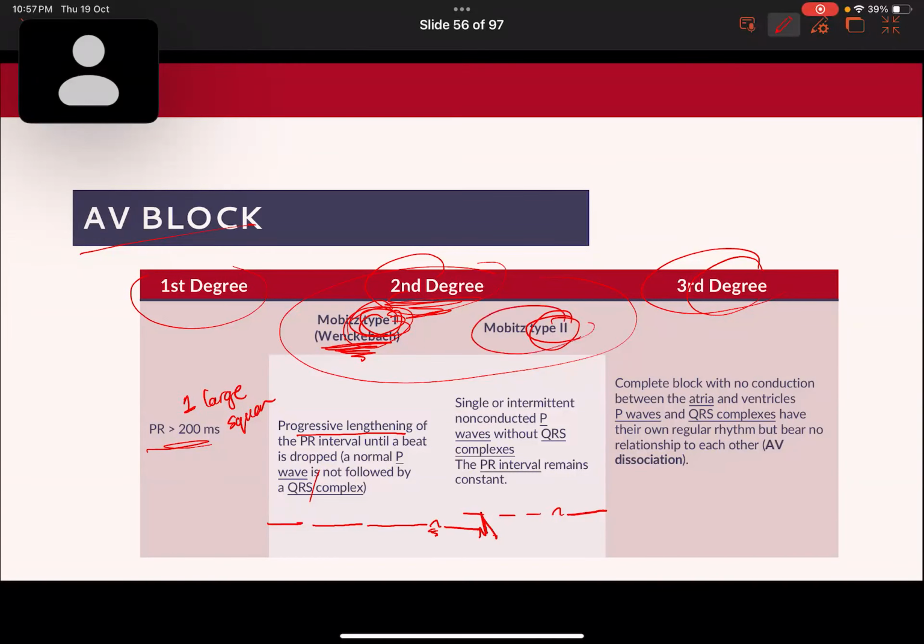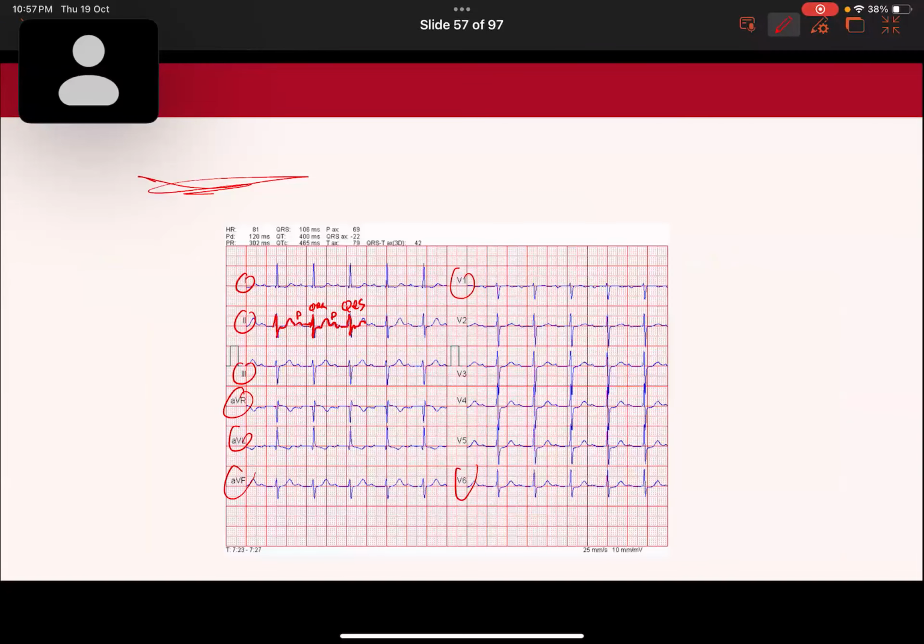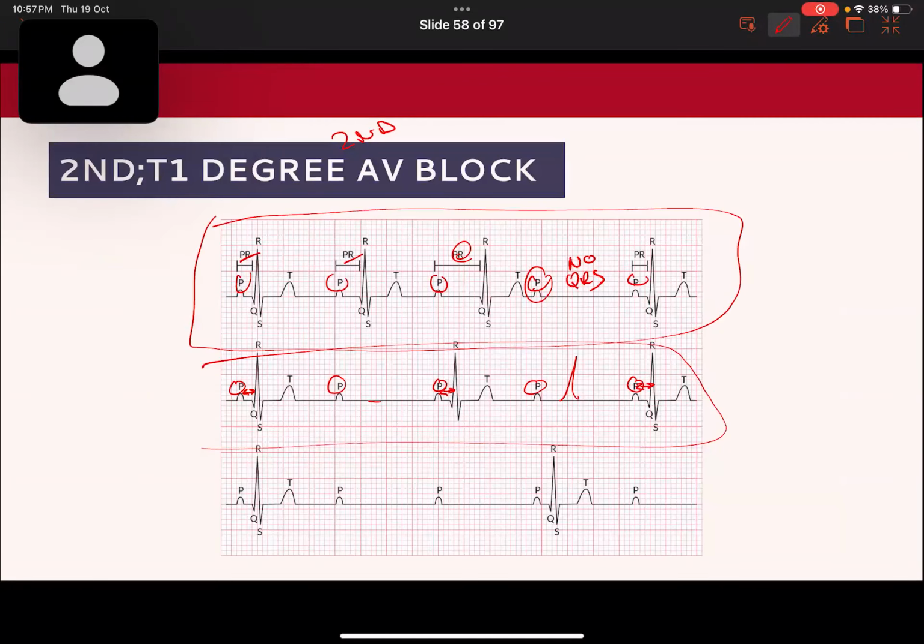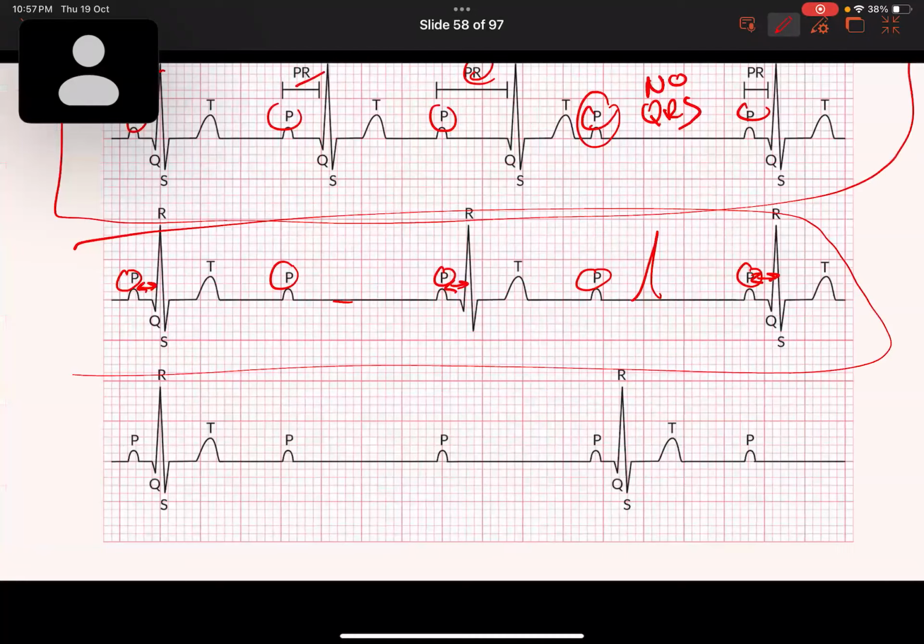And then in the second type of the second degree, you have a normal PR interval that's accompanied by an absence of the QRS complexes sometimes. And third degree is basically when you have random P waves with random QRS complexes, with no specific sequence. Let's take a look at the last part.